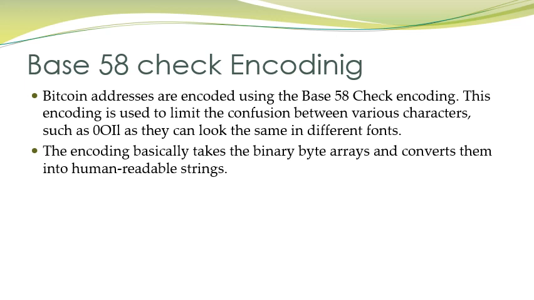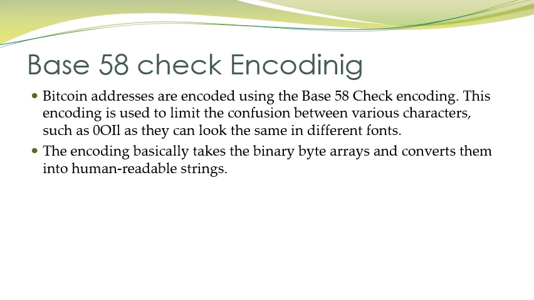This encoding is used to limit the confusion between various characters, such as 0 and O, or I and 1, as they can look the same in different fonts. Some characters may look similar, like O and 0, or the Roman numeral I and the number 1, in different fonts. To avoid this confusion, the Base58Check encoding scheme is used in Bitcoin addresses.